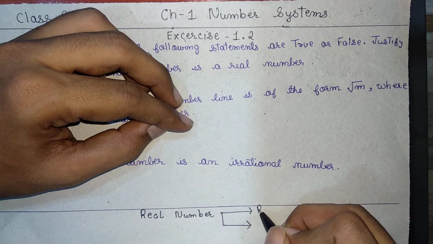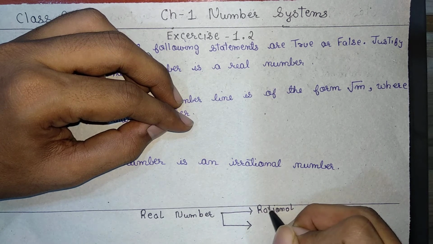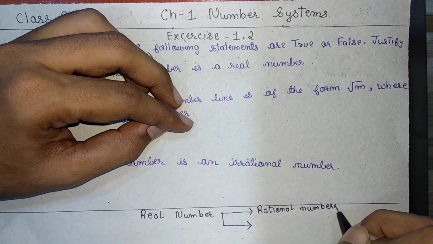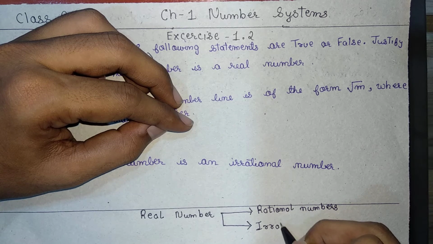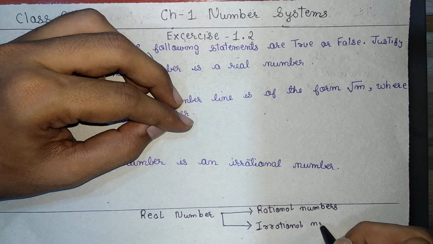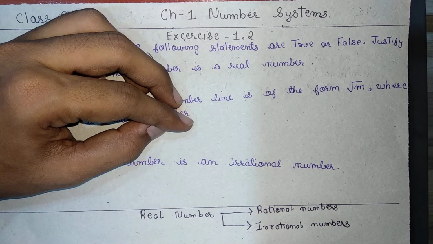One is rational numbers, and the second one is irrational numbers.